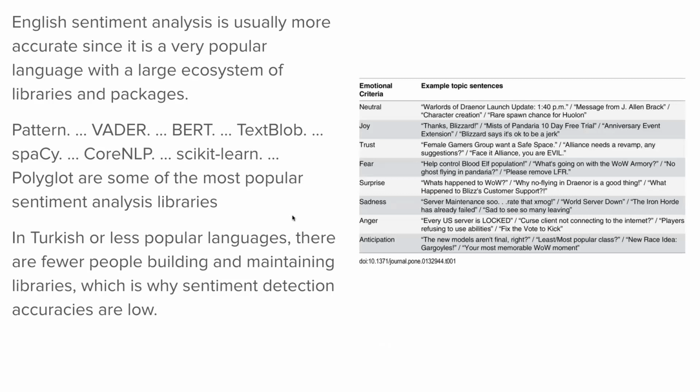In Turkish or less popular languages, there are fewer people building and maintaining libraries, which is why sentiment detection accuracies are very low. So when you're trying to do Turkish language sentiment analysis, there is one library built by Sabancı and İTÜ, for example, and they have been working on it for several years. There is one attempt at Galatasaray computer science, another attempt at Boğaziçi, but the rate of success is below 80%, which is very, very low.